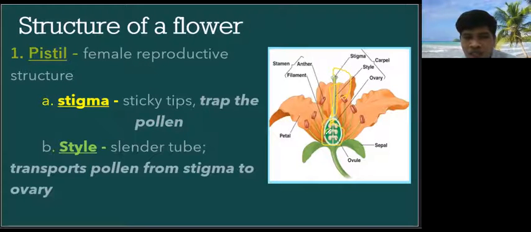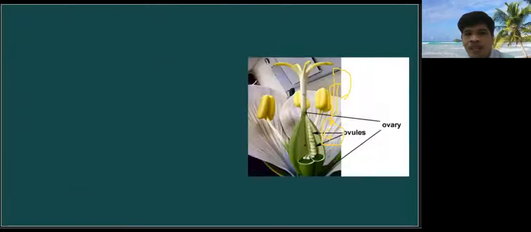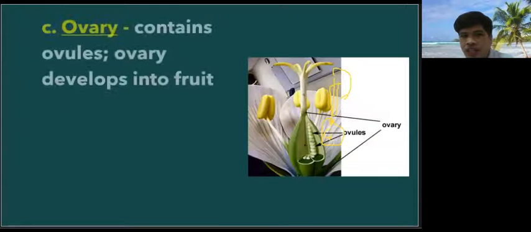This is the ovary, and the smaller ones here are the ovules. Number three is the ovary. The ovary contains the ovules, and the ovary will eventually develop into fruit. Again, the ovary will become the fruit.